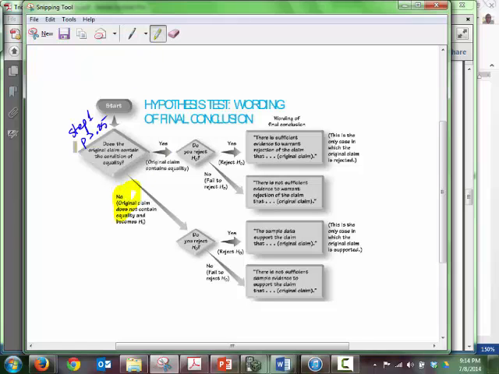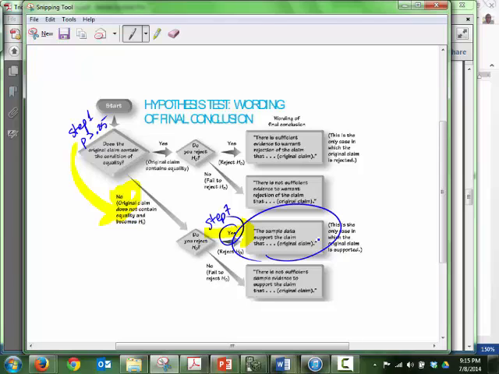No, right? Did we reject the null hypothesis? So our conclusion says the sample data support the claim that blah, blah, blah.